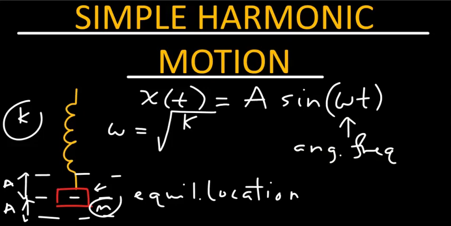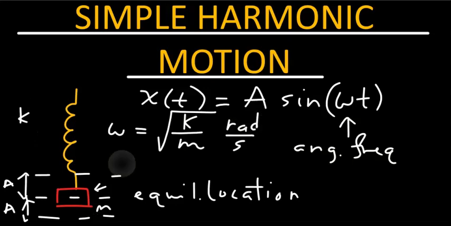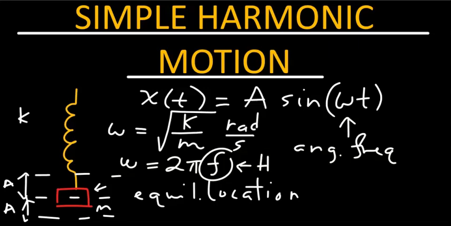Namely, omega is the square root of k over m, and the unit for omega is radian per second. Omega is related to the usual frequency in the following manner, omega equals 2 pi f, where f is the frequency that is quantified in the units of hertz.